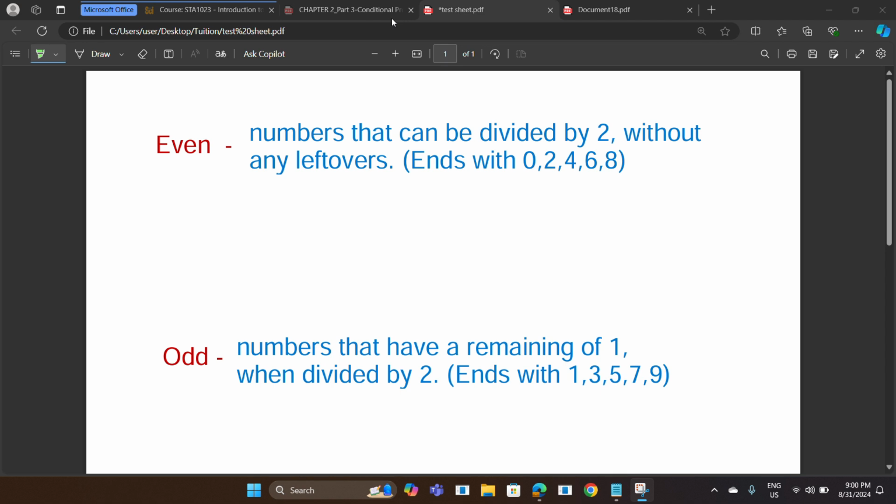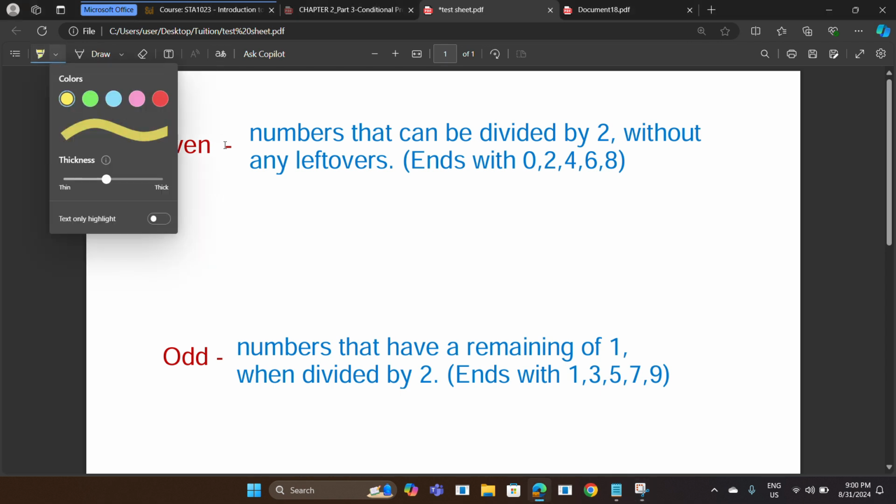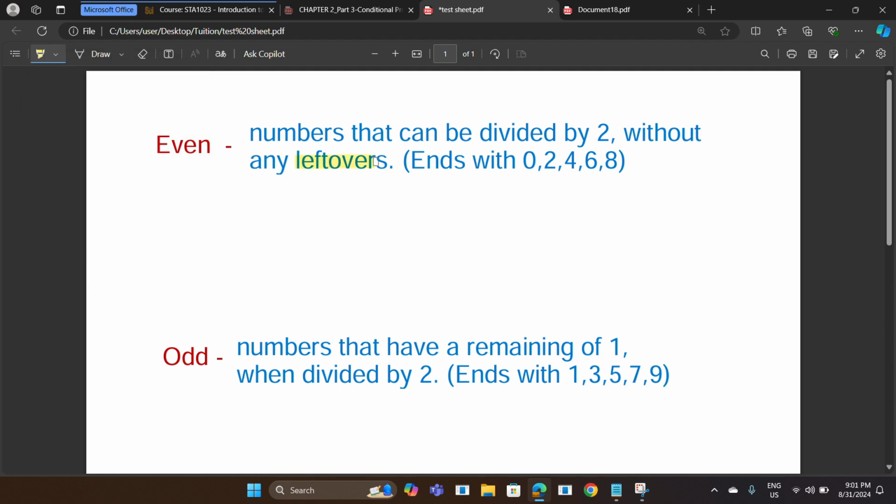Okay? Even numbers are the numbers that can be divided by 2 without any leftovers. Leftovers mean remaining; with 0 remaining, we can divide those numbers by 2.